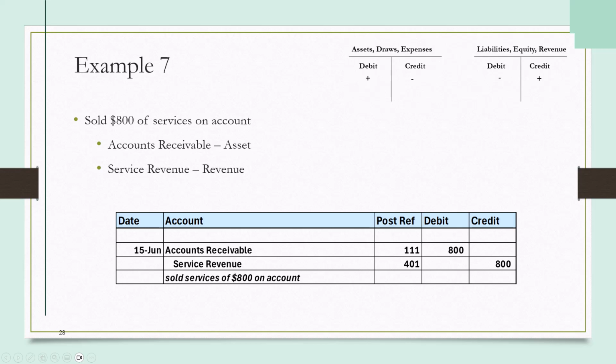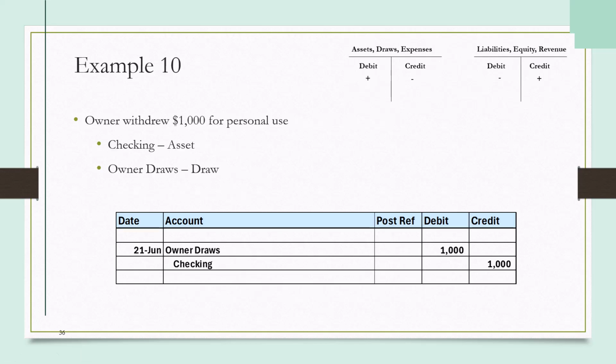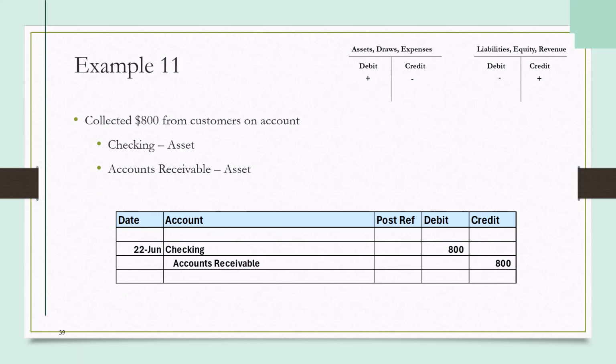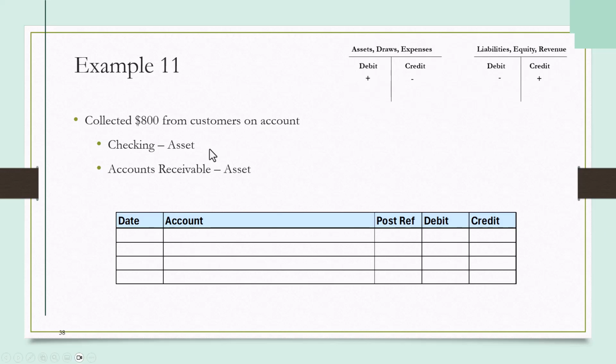So let me go forward. So here, at this point, when they collect the money, we want to subtract from accounts receivable. It's no longer receivable if the business received the money.